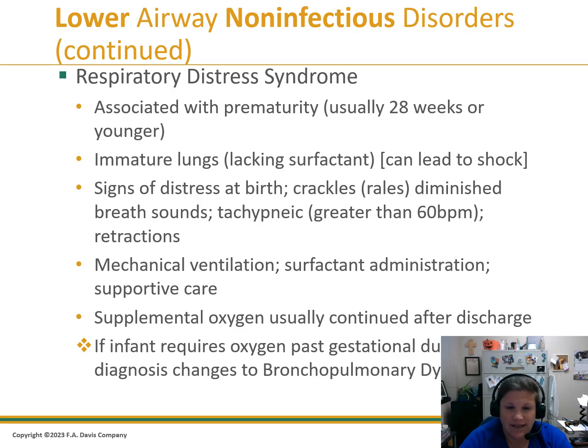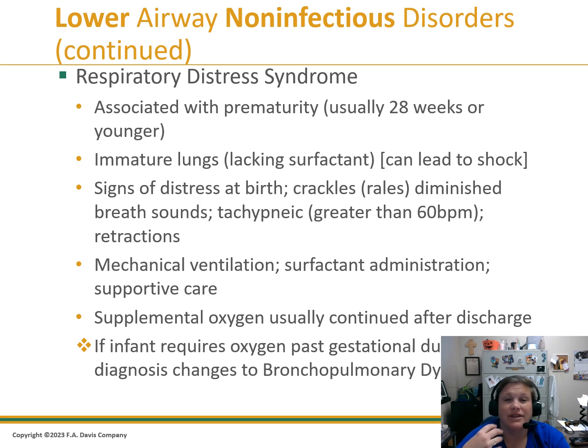The manifestations we're looking at are going to be there from the time the baby is born. So they're going to have distress at birth, they're likely going to go to the NICU, and their APGAR score is going to be low initially.